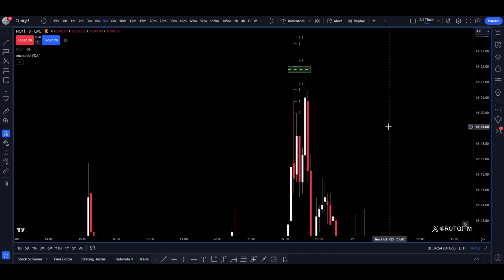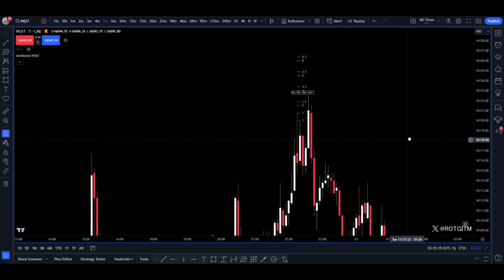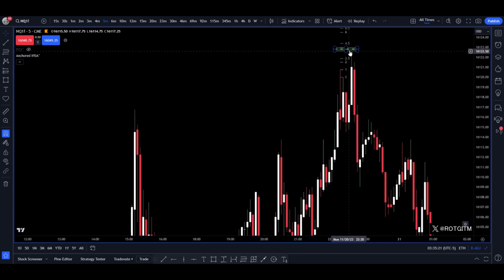So whenever I do a projection of a swing and I put my standard deviation on it, I always take this distance, measure it with a box, and drop it down below, because it's really this area I'm interested in. The 2, 2.5 to 3. The 2 to 3 standard deviation is an area I look for. 4, 4.5, 6, 8. It's really this area as well.